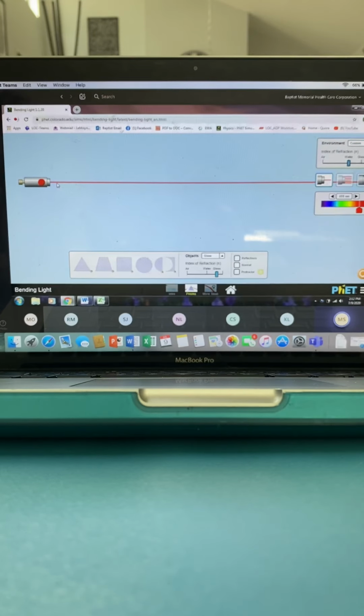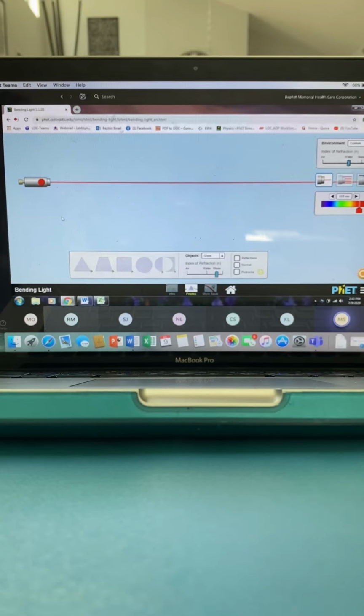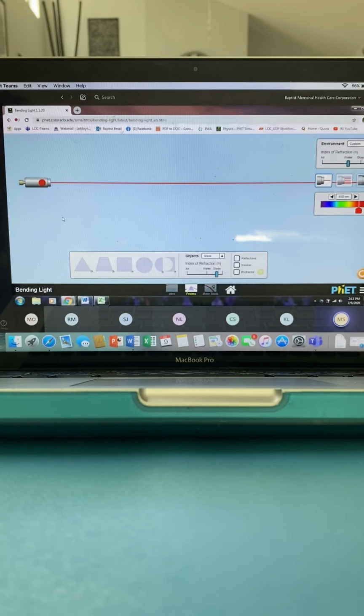When light is passing through water, the light speed will never change. So you need to remember that. When light is passing through the same medium, then refraction will not happen. Refraction will happen only when light is passing from one medium to another medium.